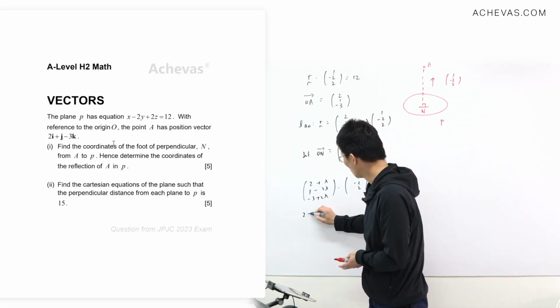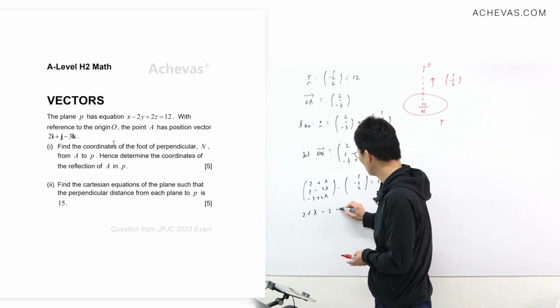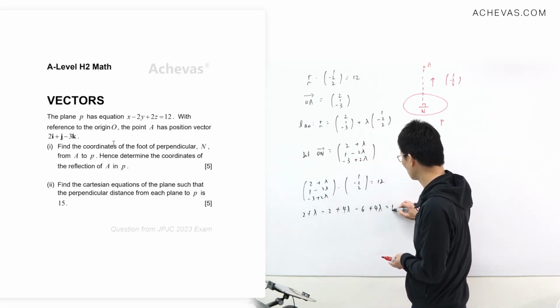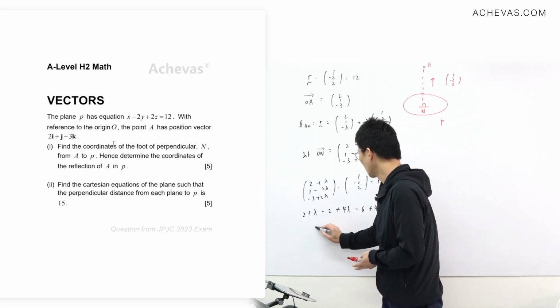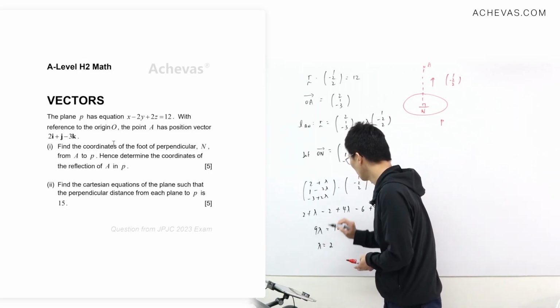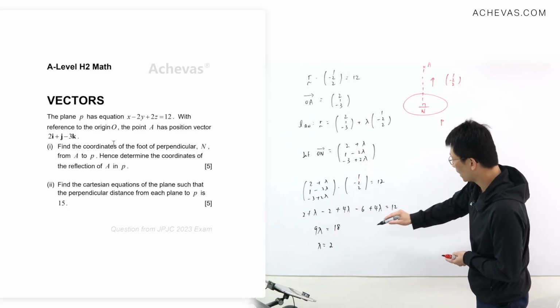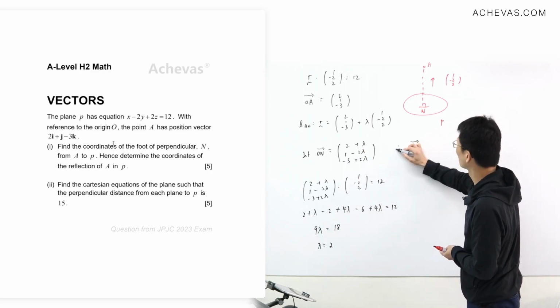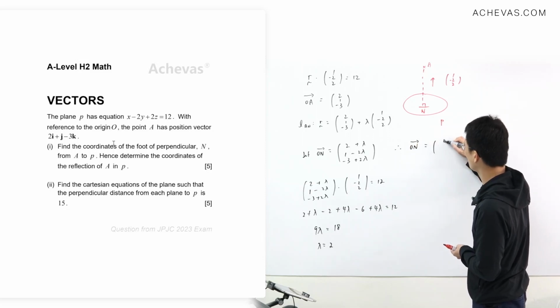So here we get 2 plus lambda, minus 2 plus 4 lambda, minus 6 plus 4 lambda equal to 12. So we get 9 lambda equal to 18, solving lambda equal to 2. So plug the value of lambda into ON. So ON we will get (4, -3, 1).